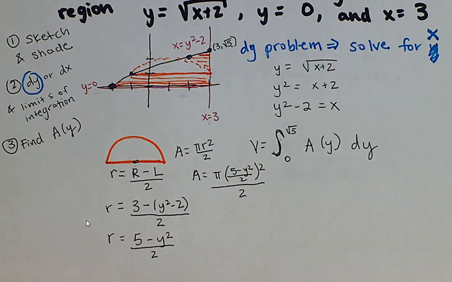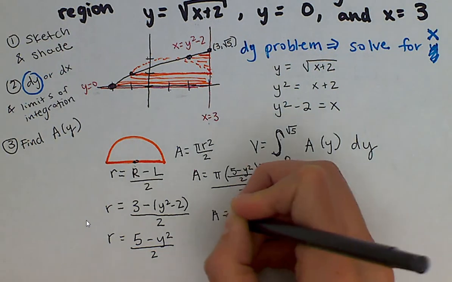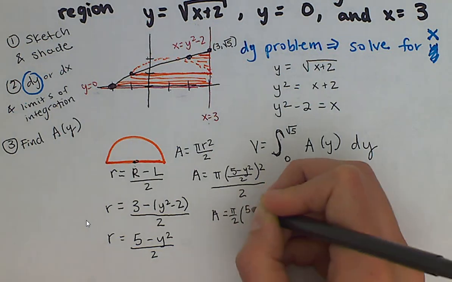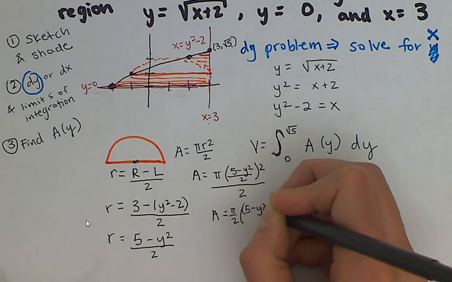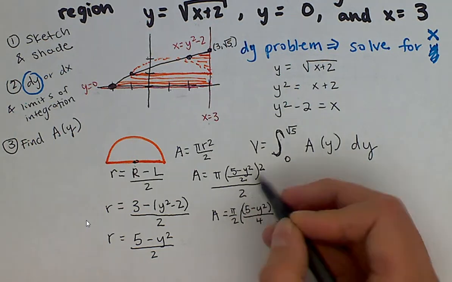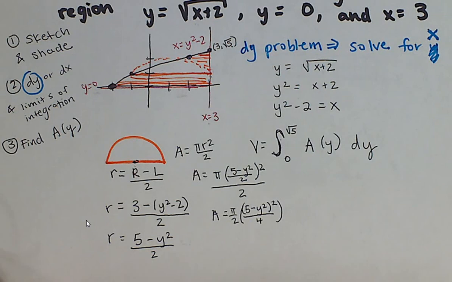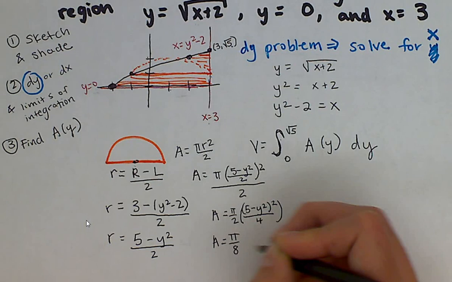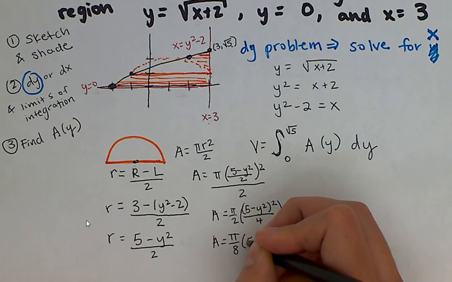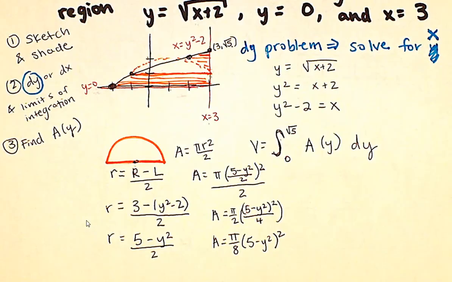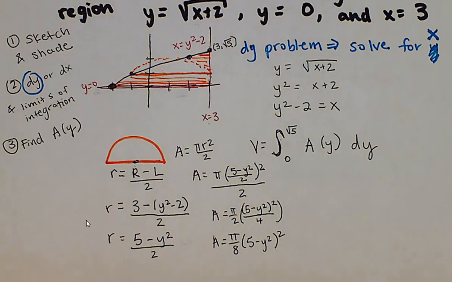So if I simplify this, the area equals pi over 2 times, I'm going to split this up, 5 minus y squared over 4. So basically I just distributed the square to that and got 4. And I'm just going to leave this as pi over 8 times 5 minus y squared. You can go back and check my work if you need to. So here's my area.